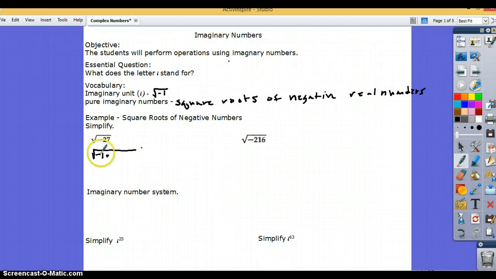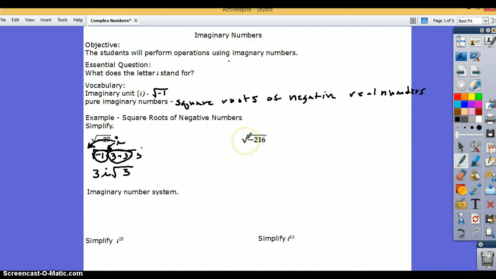Because I know that negative is this -1 and then times 3 3's. Well, this -1 right here is my i on the outside. And then I have a pair of 3's. So what I have here is 3i, that's my pair of 3's, that's the -1, times the square root of 3. That is your pure imaginary number.